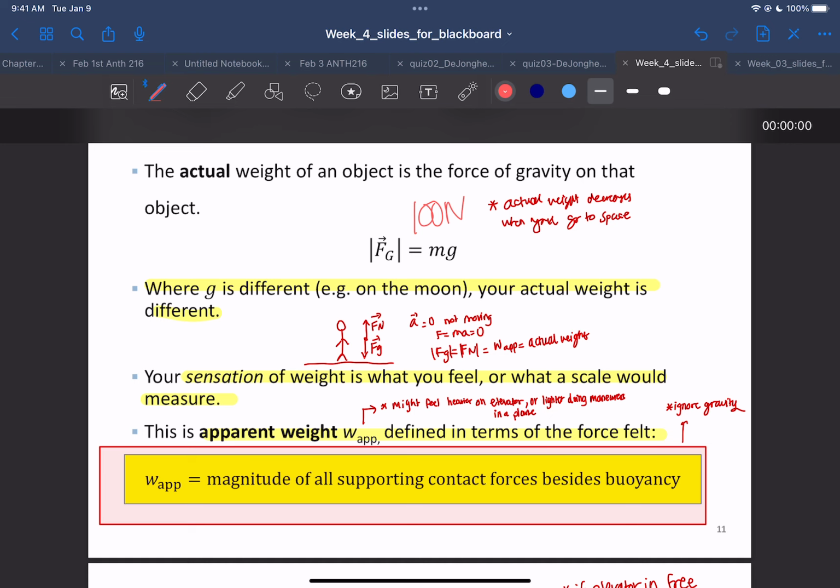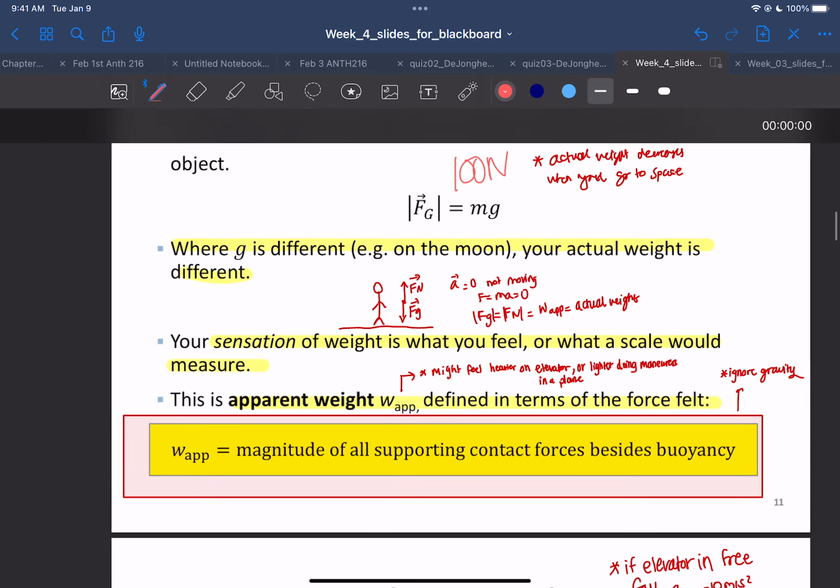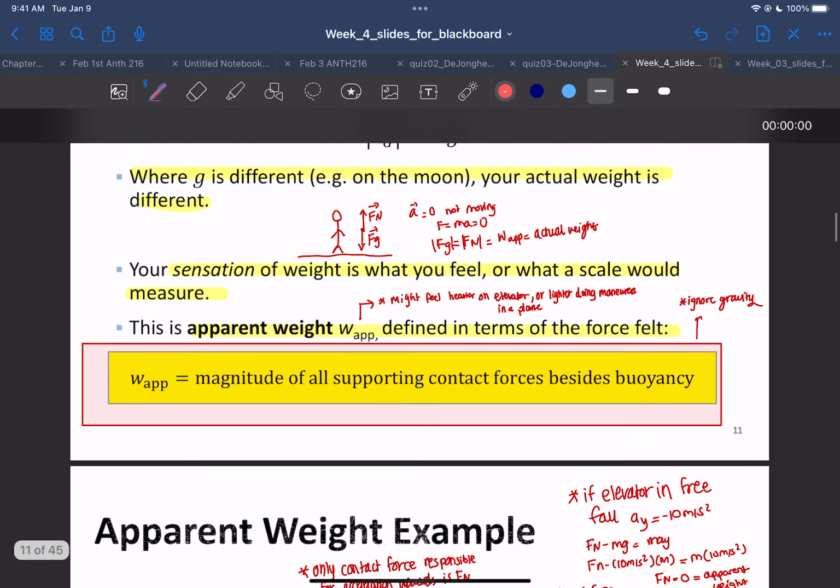And so the scale will then display whatever force, the normal force in this case, that would be equal to the weight you would be exerting on the scale. So that's what's going on when you step on a scale.